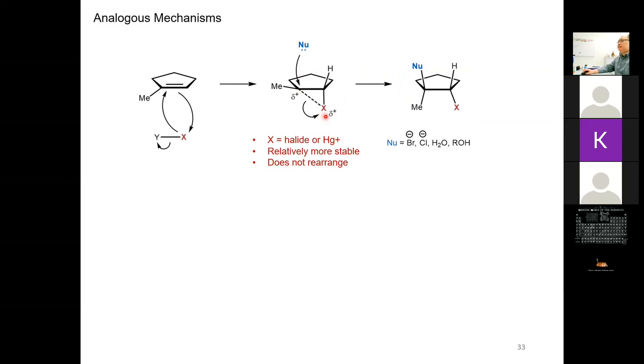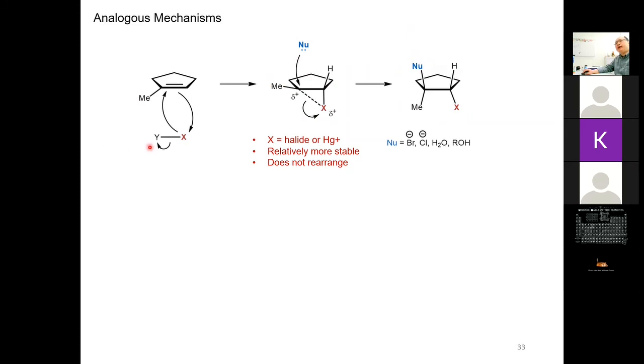Okay, the X, the bromide or the mercury, shares some of its electrons with this carbon. And because of this sharing, the nucleophile can only attack from the opposite side, like a substitution here. So the net result is that the addition is anti.